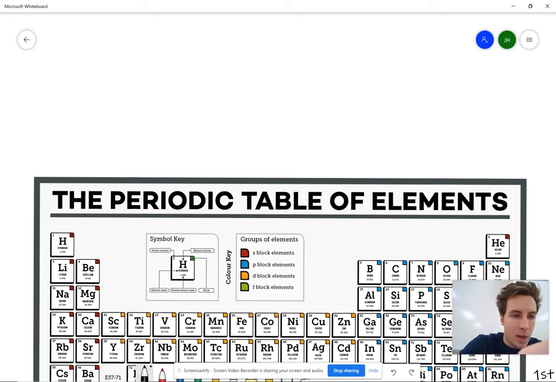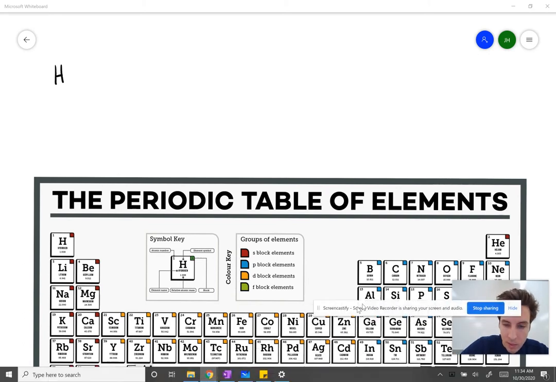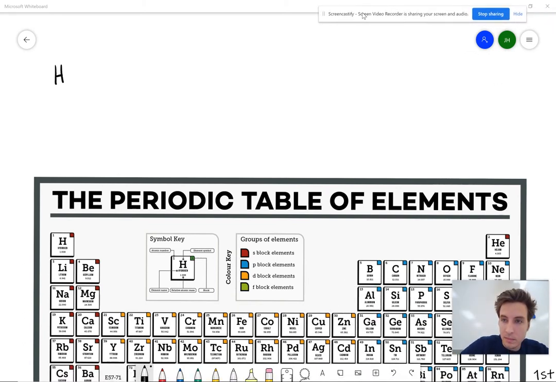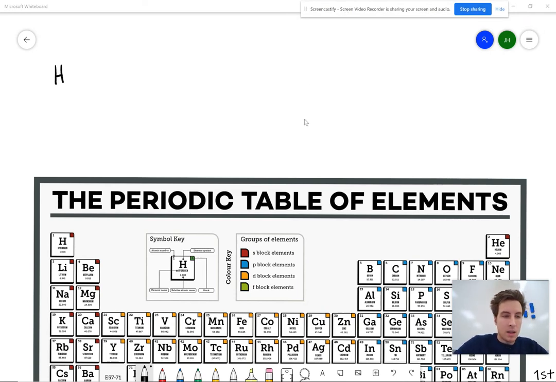So let's start with number 1, hydrogen. The symbol is H, and that's going to represent the atom. We're just going to have to draw the electrons in their shells to finish this activity. To start off, since this is a neutral atom, it has the same amount of protons as it does electrons.